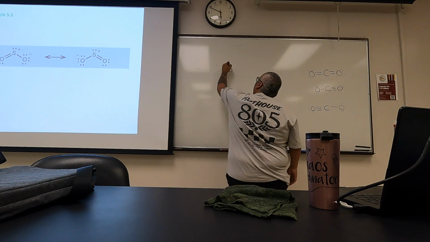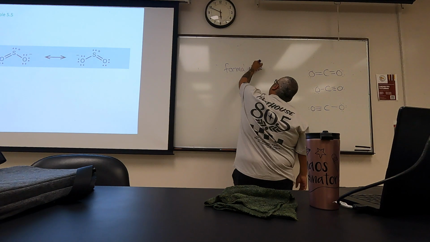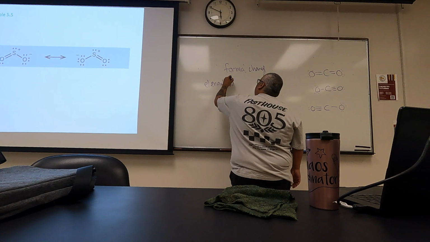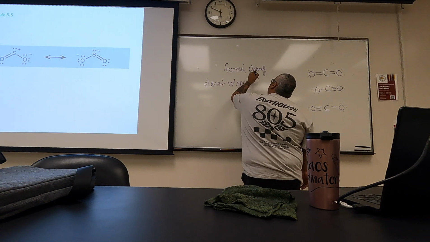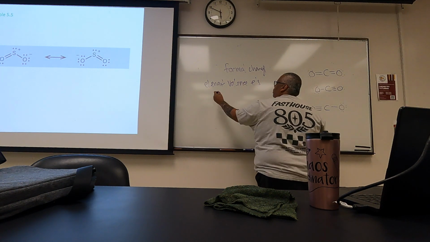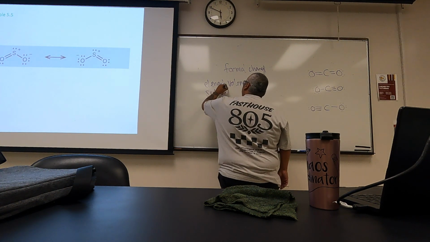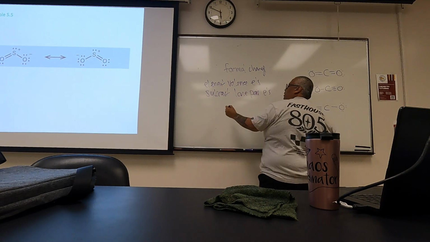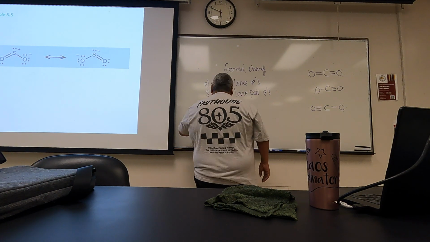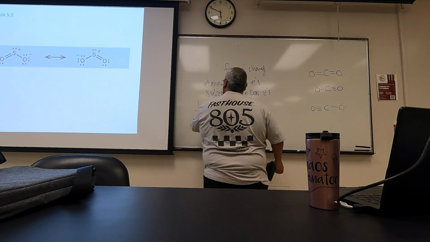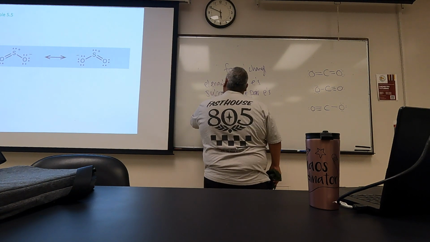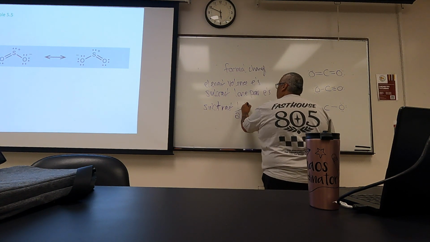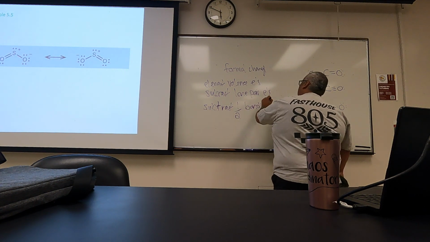In order to calculate formal charge, you're going to take the element's valence electrons, and you're going to subtract the lone pair electrons, and then you're going to subtract 1/2 of the bonding electrons.